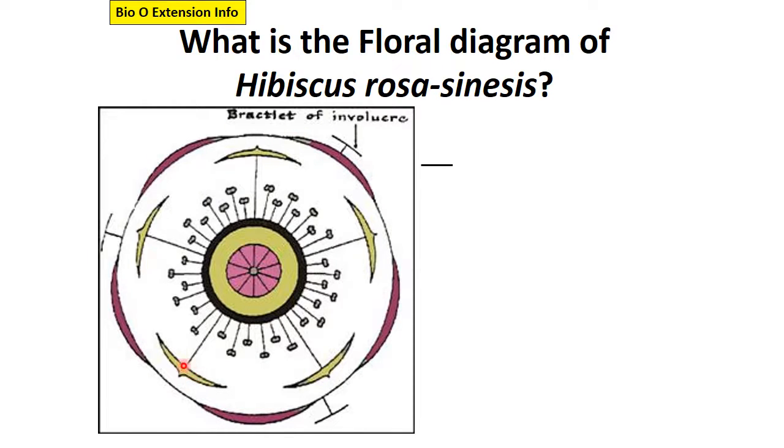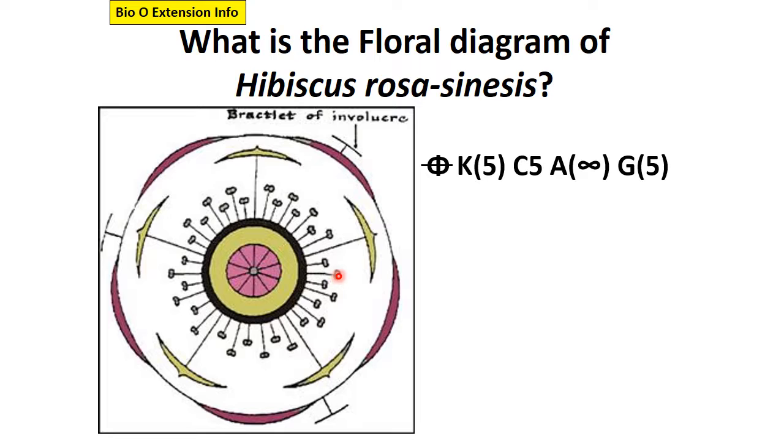On the inner wall, you can see small wavy, sharp tips here. This represents the sepals, and this is the relative position of the sepals. The sepals are generally found at the base of the flower. Then you can see these little tiny figure 8 structures, which are attached to the ovary wall.